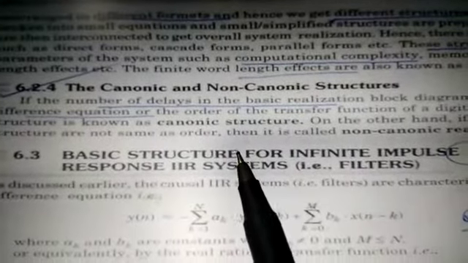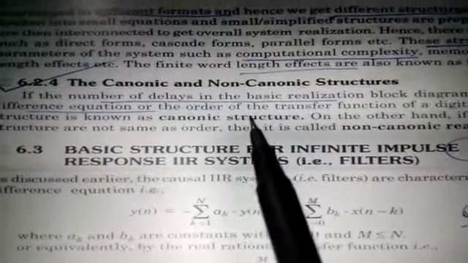If the number of delays, x of n minus 1, x of n minus 2, these are the delays, and if the number of delays is equal to the order of the difference equation, then it is called a canonic structure. Otherwise, it is a non-canonic realization.